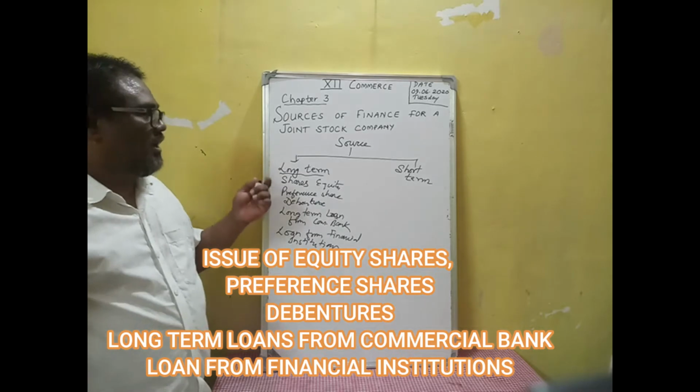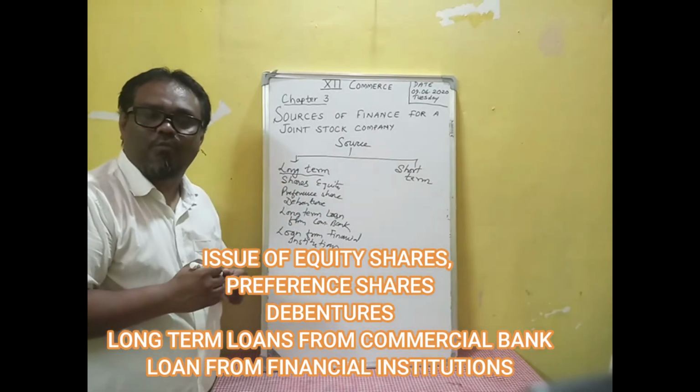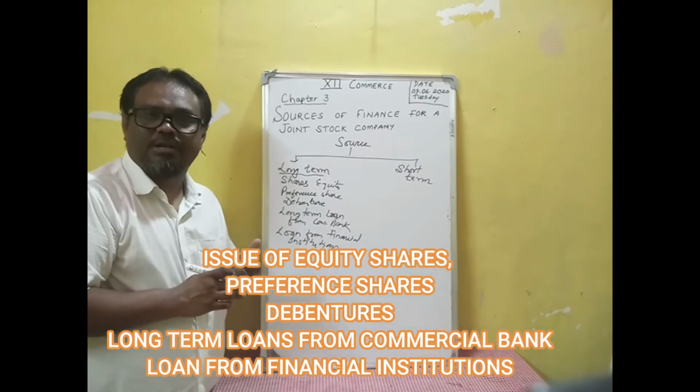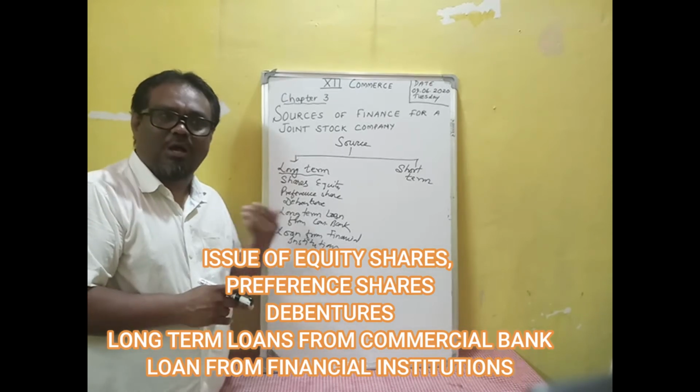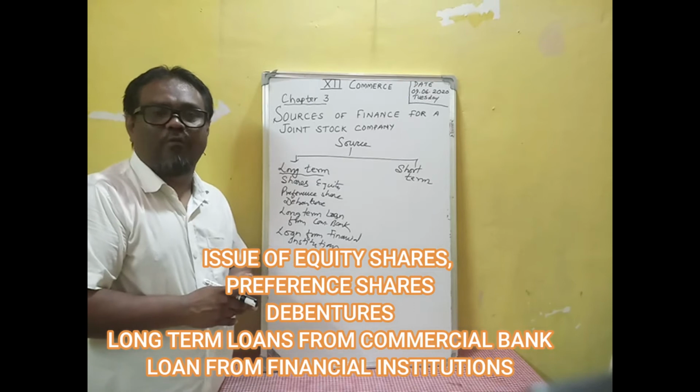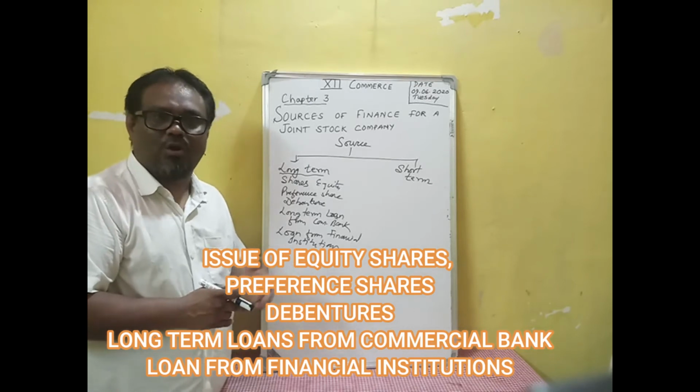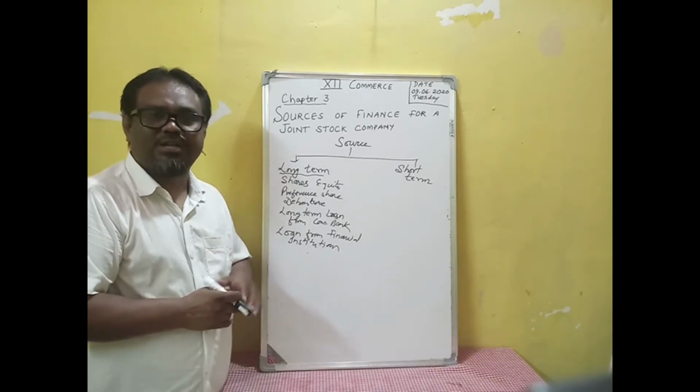So these long-term sources are issue of equity shares, issue of preference shares, issue of debentures, long-term loan from commercial bank, and loan from any financial institutions.